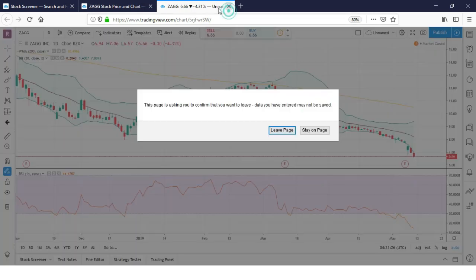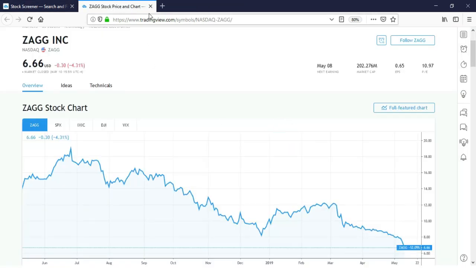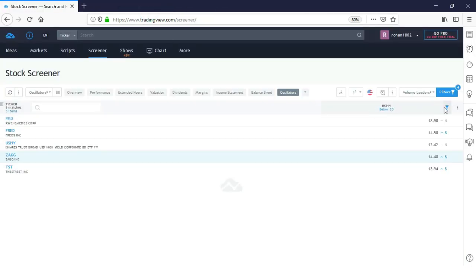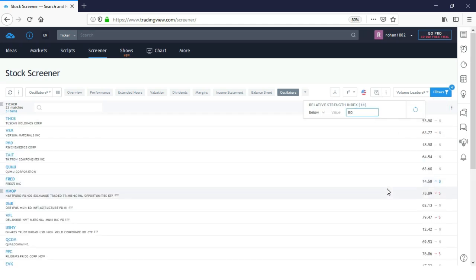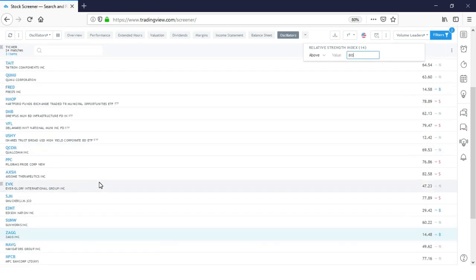Now we can use RSI above 80, so that we can easily identify the stocks which are above 80. Then there are 24 stocks which are above 80. You can choose any other stock.